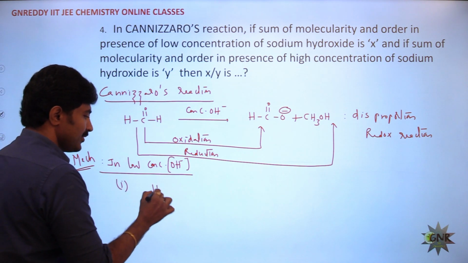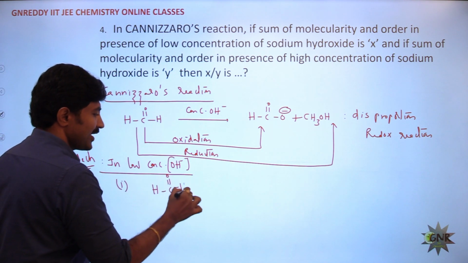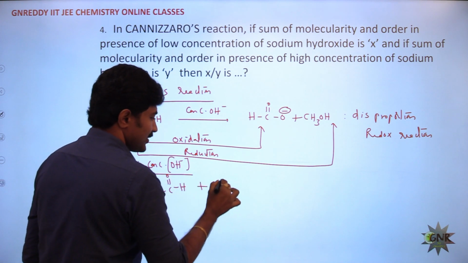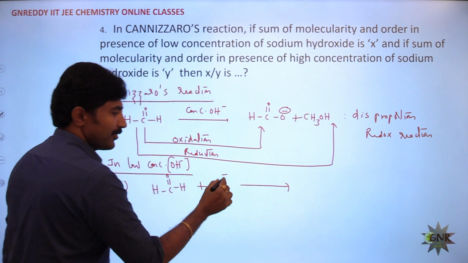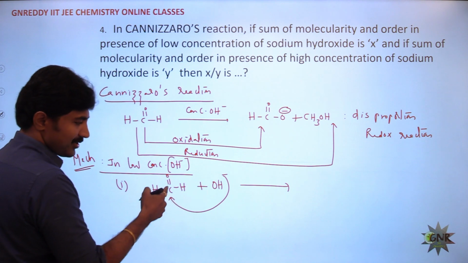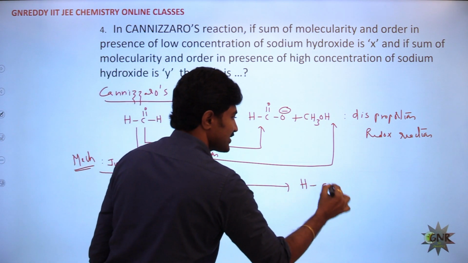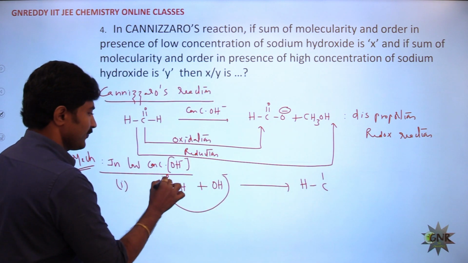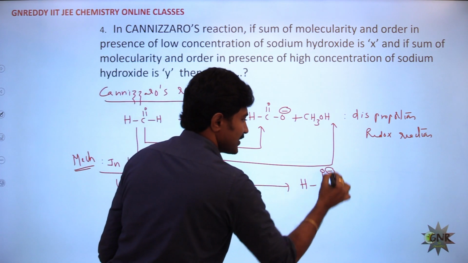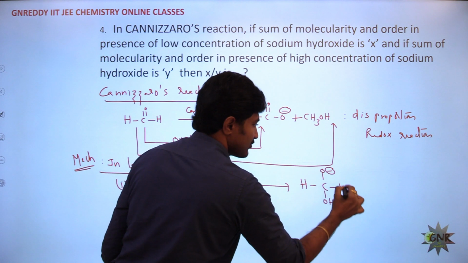In the first step, formaldehyde interacts with OH minus, and you know it is an electron deficient carbonyl carbon. First it attacks here, then it forms this, HC, then CO minus, and OH and H will be formed.